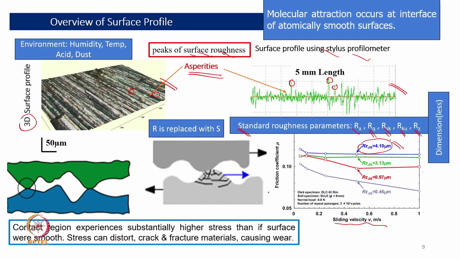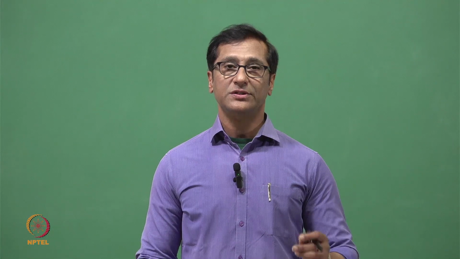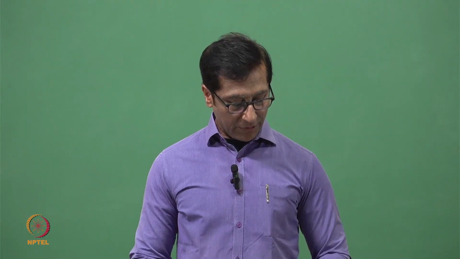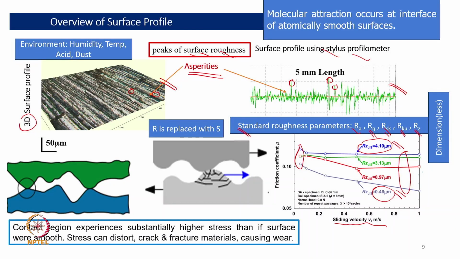Like in this case, instead of 4.1, if it becomes 0.46, you can see the initial coefficient of friction, as well as the coefficient of friction here, is decreasing significantly. That means a reduction in surface roughness really helps to reduce the coefficient of friction. That's why we require it.